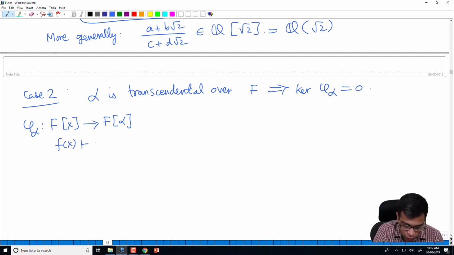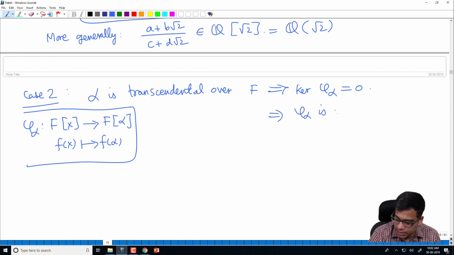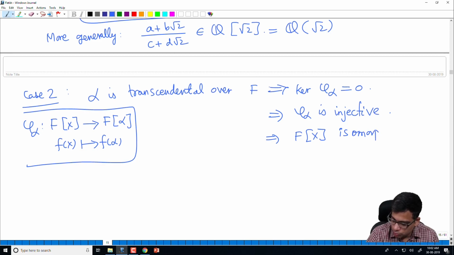It sends a polynomial f(x) to f(alpha). If it's transcendental, there is no polynomial which goes to 0, because there is no polynomial one of whose roots is alpha. So kernel of phi alpha is 0. That means phi alpha is injective. So that means F[x] is isomorphic to F[alpha], right?